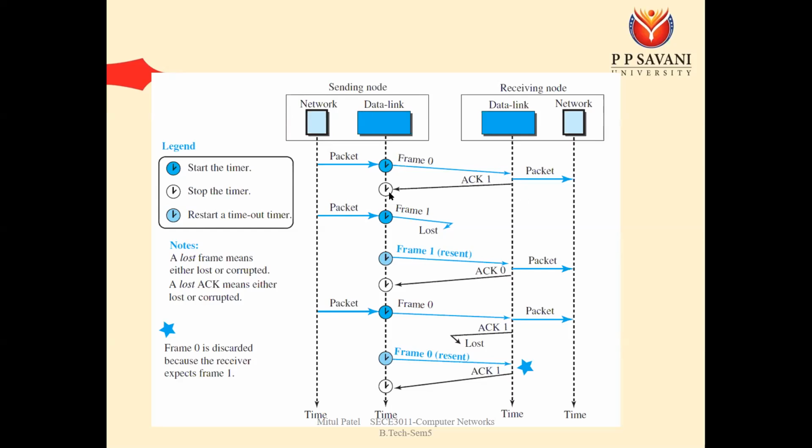Then again its acknowledgement goes from sender to receiver, and along with the acknowledgement we also send data. The meaning of piggybacking is that frame plus acknowledgement are both combined in a single frame.